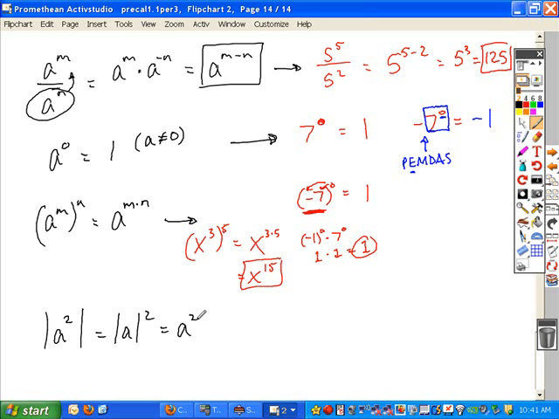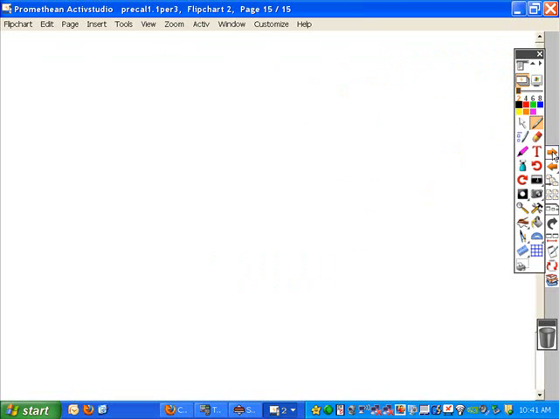Okay, so let's see how all these rules kind of come into effect. And if I gave you something like this, I want to see if you can simplify this expression using only positive powers.